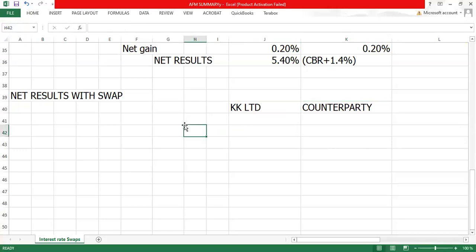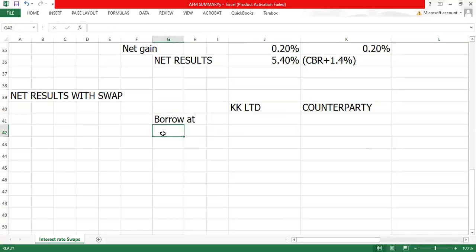Now here, of course, you'll start with the rate. You're going to borrow at what rate? Or you can just say the rate with swap.